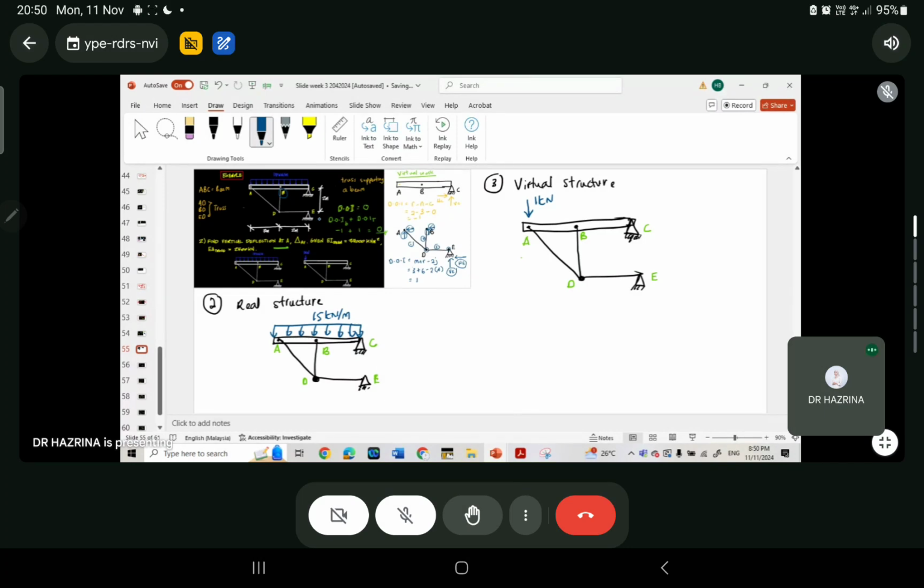Okay? So you have the real structure and the virtual structure, where you apply 1 kilonewton.